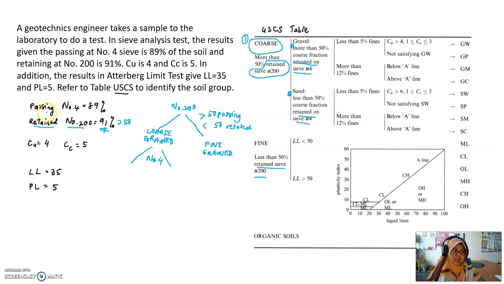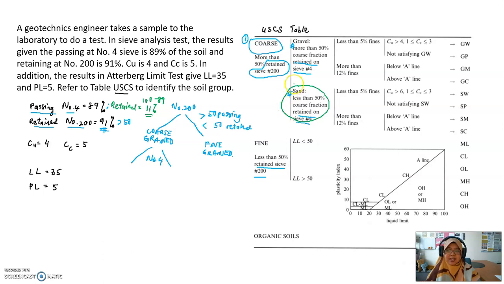We have the passing info, so from here we can calculate the retained info. Just take 100 minus 89%, so we get 11% retained. 11% retained means it is less than 50%.